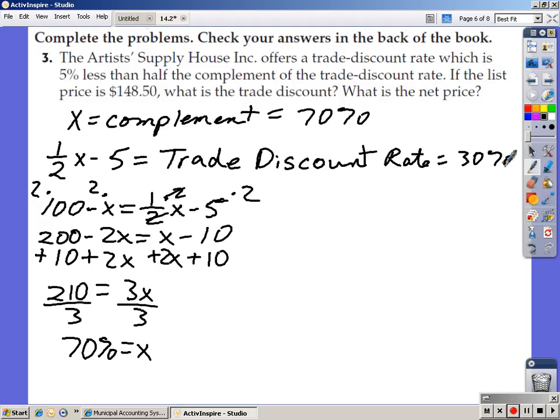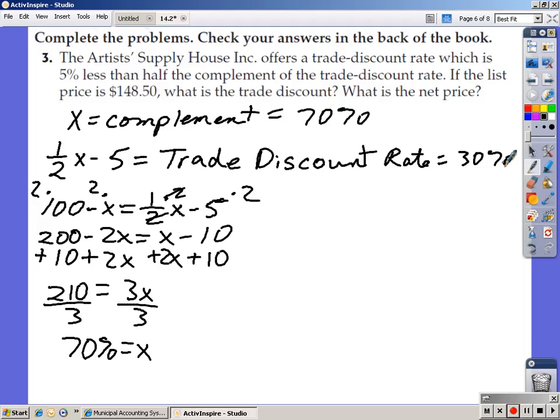Now the question here is saying, if the list price is $148.50, what is the trade discount and what is the net price? Okay? So, first question.